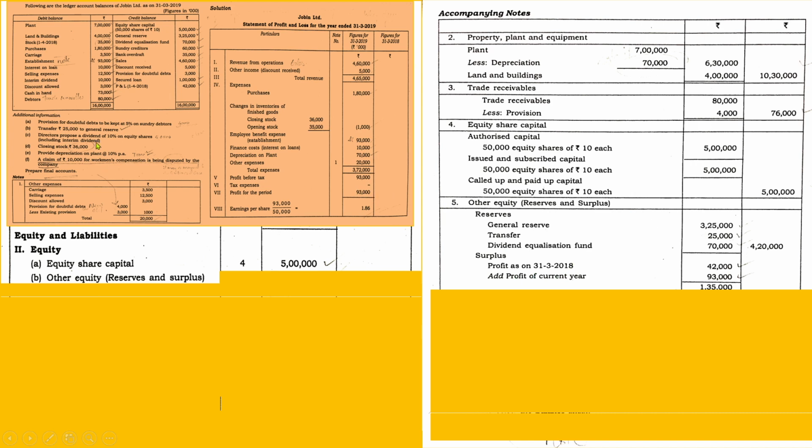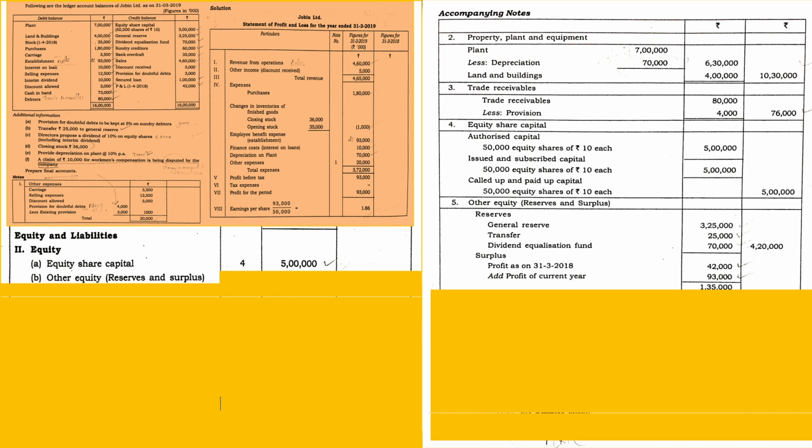Usually most of the students will record all the items in the question in the respective heads, but they fail to record this one because they neglect this item as it is already completed. All the students will go through the question and adjustments only. They will forget this one. So don't forget it. So we got 1,35,000. Still we haven't completed the reserves and surplus amount because we included all the amounts that have to be added.